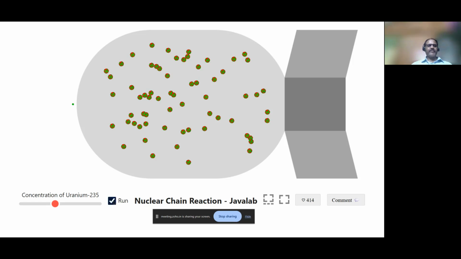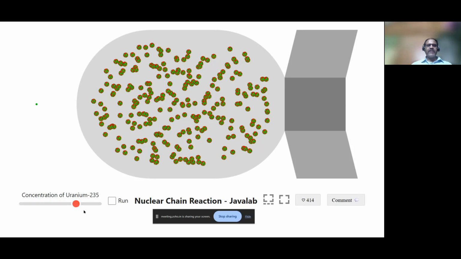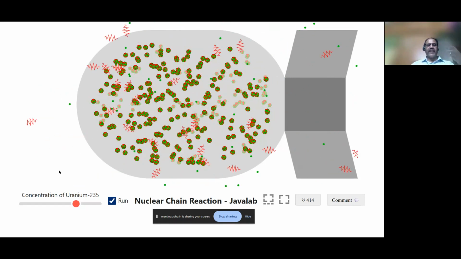Now I run. Now watch. It is hitting some other atoms, then they are also releasing atoms. Still, it is not looking like an atom bomb. Now I am increasing. A lot more U-235 is here for a given volume. Now I run. Watch. One releases some neutrons and those neutrons hit another set and that hits.